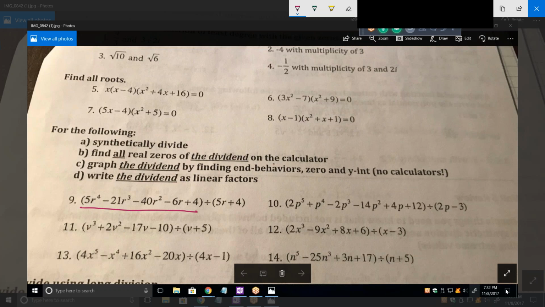Yeah, that's the dividend, that's the divisor, and the answer is the quotient and the remainder. Okay. For a moment there, I thought I was plugging in the wrong function. Okay, so we're looking at the end behavior of this dividend. There's only one term that matters. That's the biggest term.